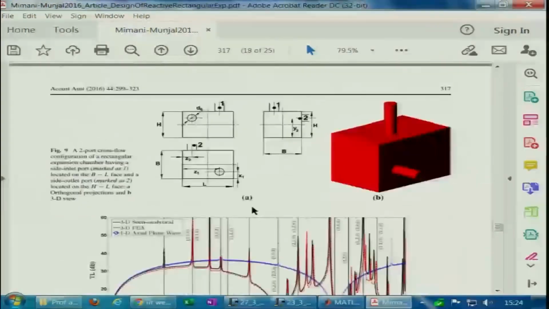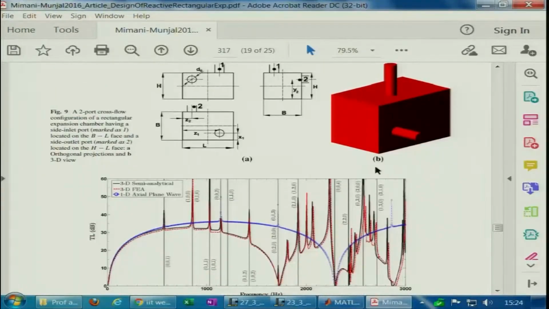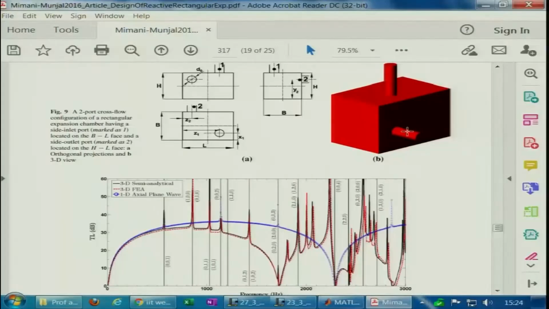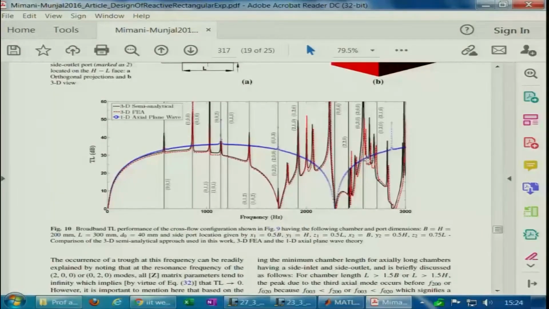Other configuration that we have is this side inlet and side outlet port, and this is going to do well until the 0 2, 2 0 or 2 2 mode, at which frequency it is going to fail. Now, note that for such a side inlet and side outlet port, one of the ports is located at z equal to L by 4, other is located at L by 2.